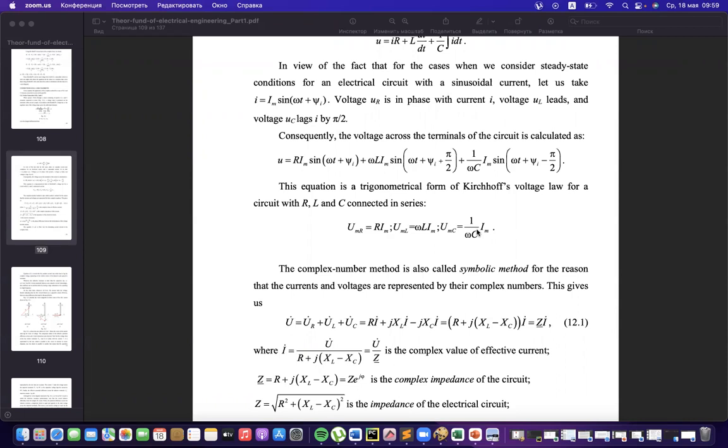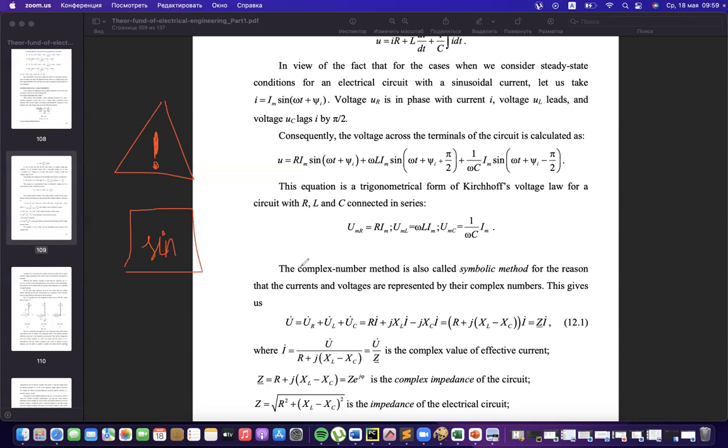This resistivity stays true only for sinusoidal values. It is quite an important moment. Just pay attention that all that we're speaking about is only for sinusoidal current.